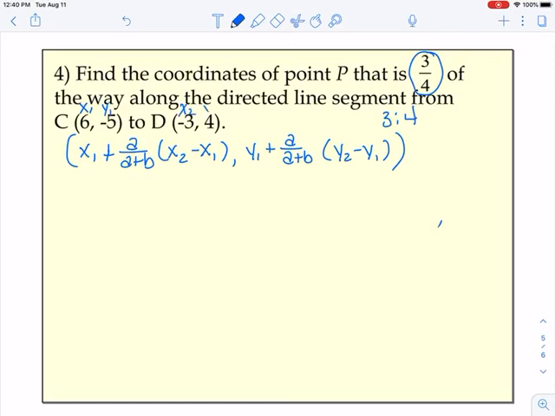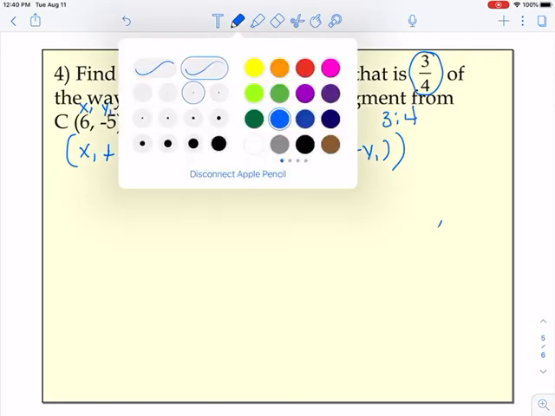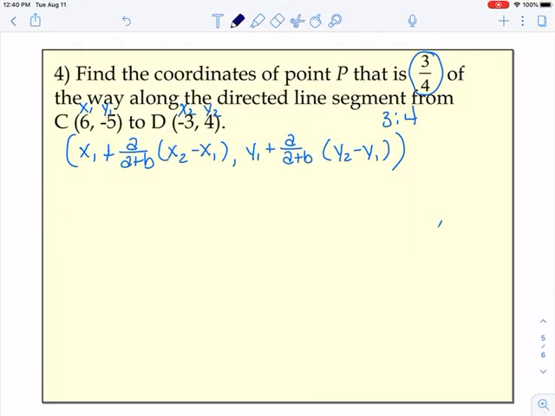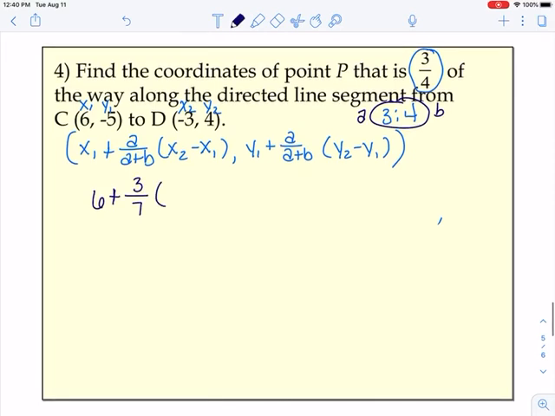Second ordered pair has to be X2, Y2. So X1 is 6 plus A, which is coming from over here. Again, the one on the left is A, the one on the right is B. So A in this case is 3. And A plus B, 3 plus 4, is 7.